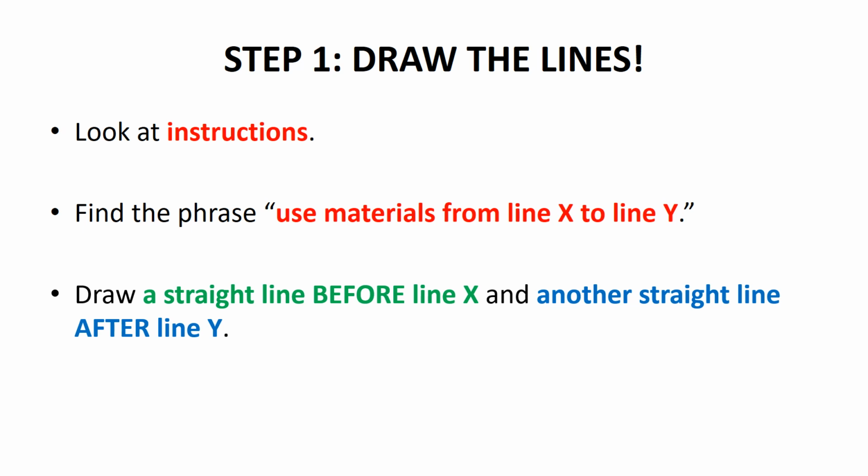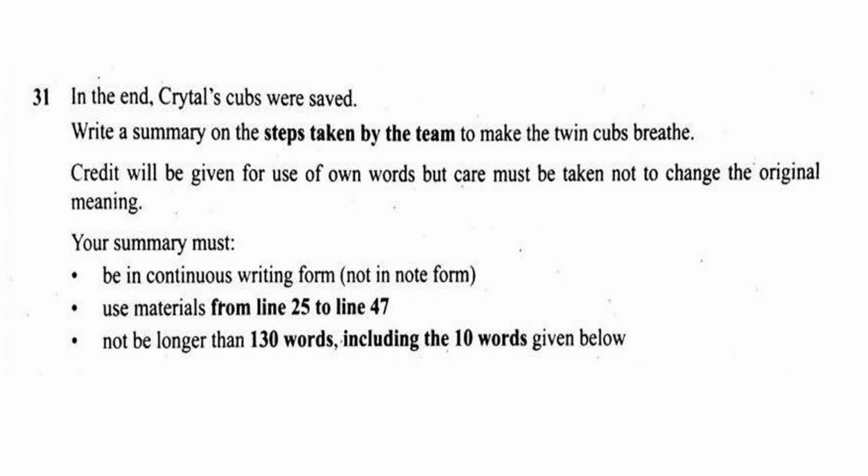So let's look at the text. The instruction tells us that we must use materials from line 25 to line 47. So meaning you will need to draw a line before line 25 and after line 47.